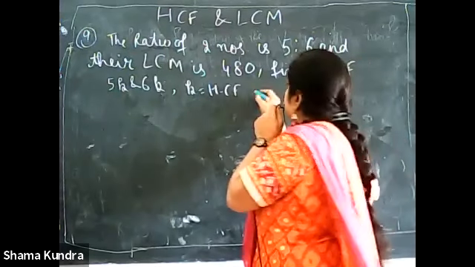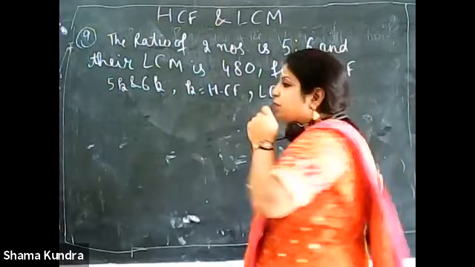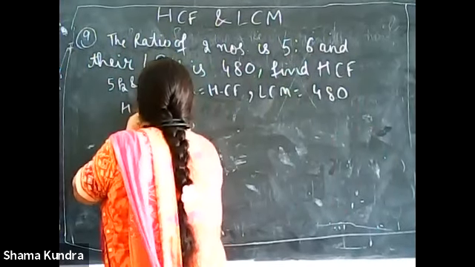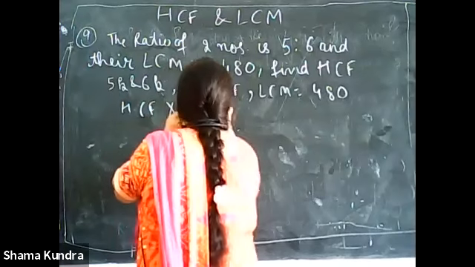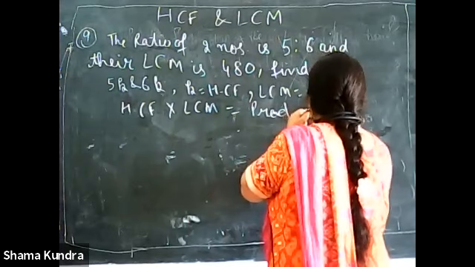You have the numbers and you have the LCM as 480. Now I told you the concept: HCF into LCM equals the product of the numbers.